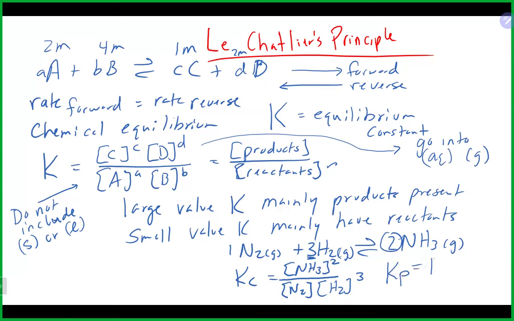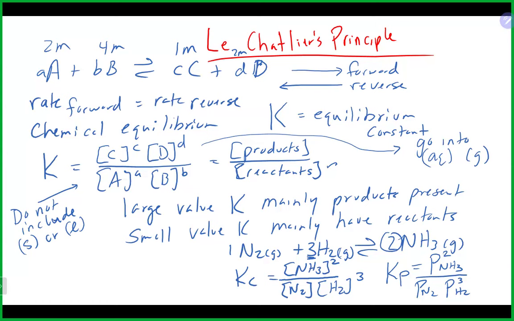So you could write a similar expression of the partial pressure squared of NH3 divided by the partial pressure of N2, partial pressure cubed of H2. So Kc, C stands for concentration, so you would do that with concentrations like molarities. Kp is like pressures. You could do the same relationship with pressures, using something like atmospheres at equilibrium.